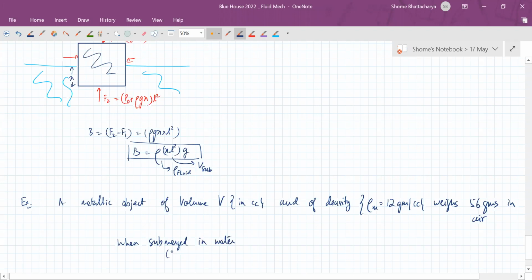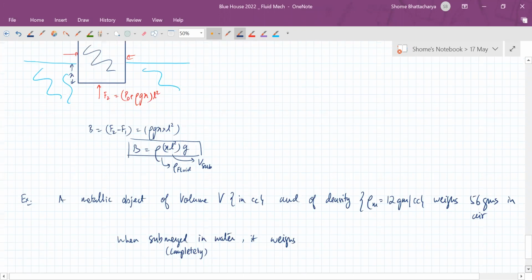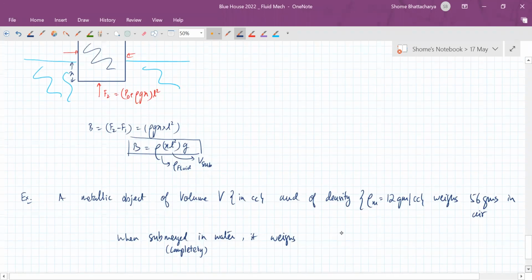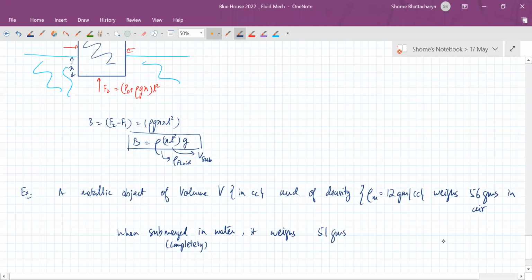Now when it is submerged completely in water, it weighs 51 grams. The density of water we know is 1 gram per cc.